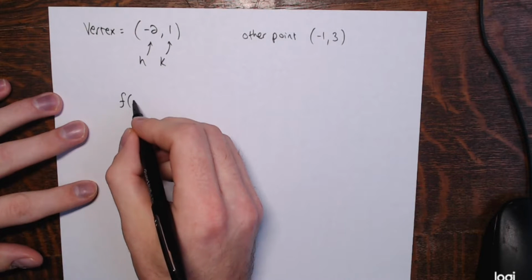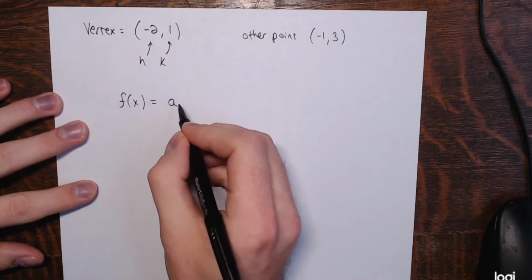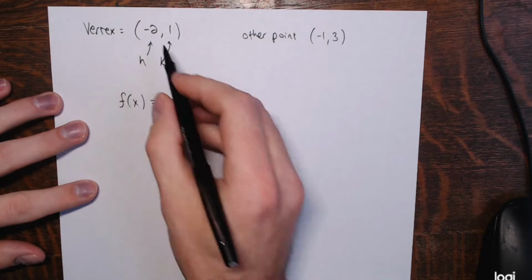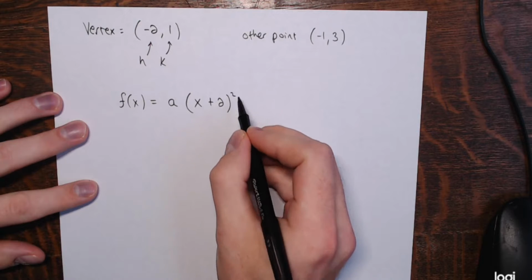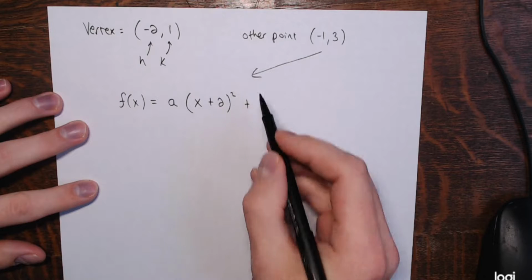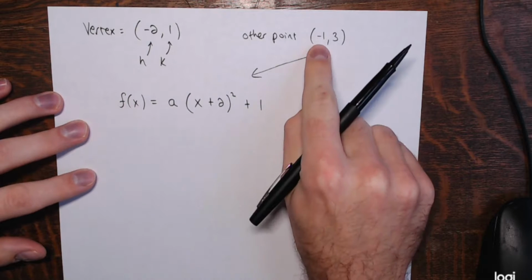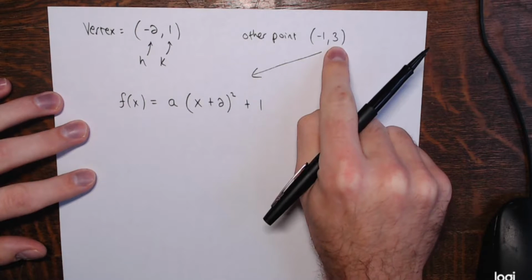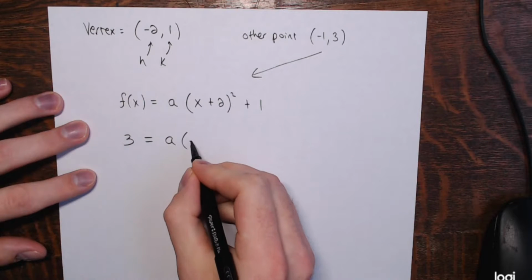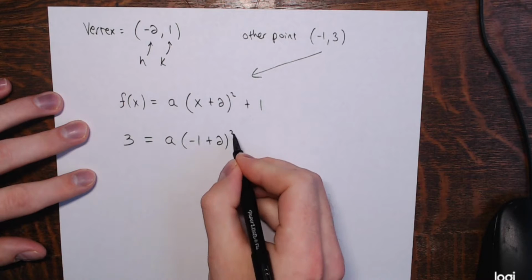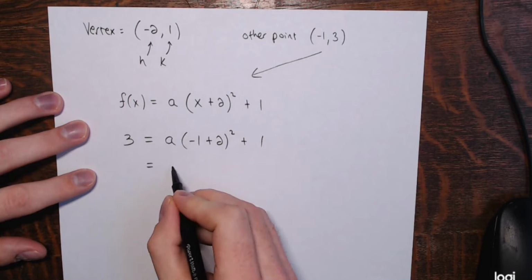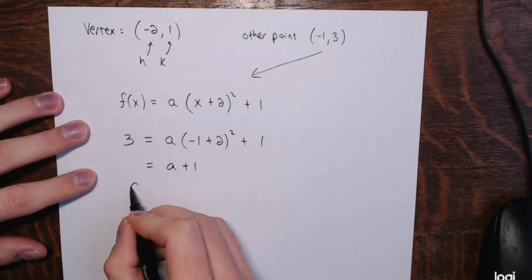So we have f of x equals, I don't know a, times the quantity x minus h. Well, that'll be x minus negative 2, so x plus 2 squared, and then plus k, or plus 1. And then I plug in the point. X is negative 1, and f of x, the output, is 3. So 3 equals a times negative 1 plus 2 squared, plus 1. Well, that's just a plus 1. A plus 1 equals 3, so a must be 2.